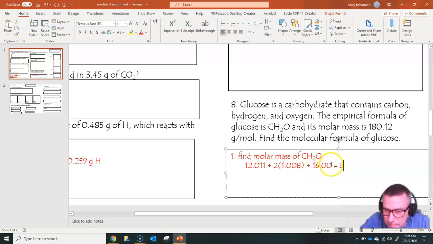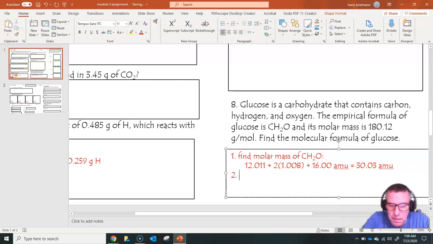Let me make sure we have units here; let's just call these atomic mass units. We could also call them grams per mole, but there they are, 30.03 AMUs.